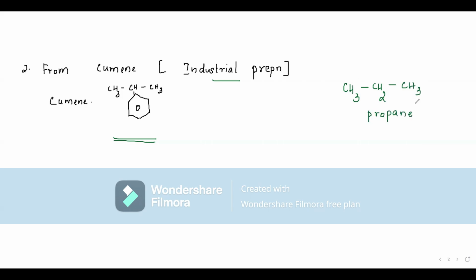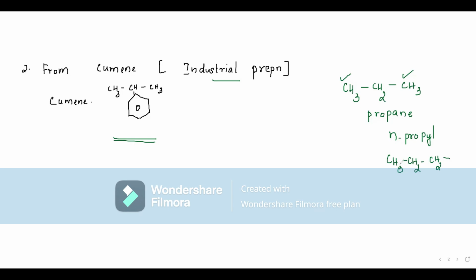When you remove a hydrogen from any one of these two end positions, that will be a normal propyl group. An example for normal propyl will be CH3, CH2, CH2 with a bond.